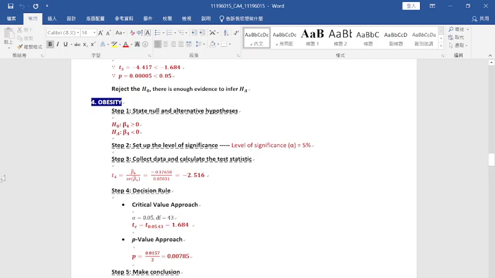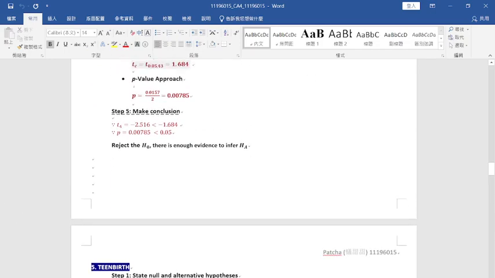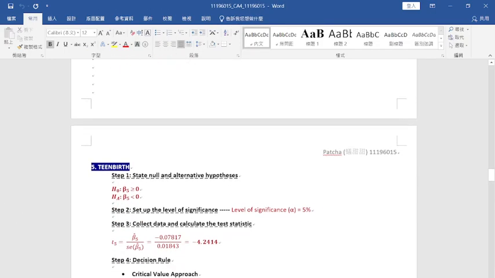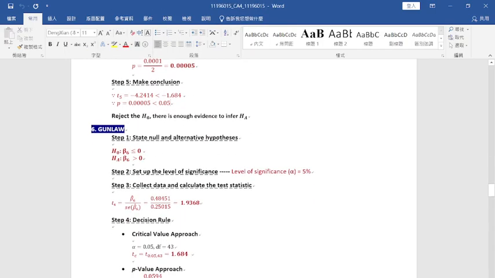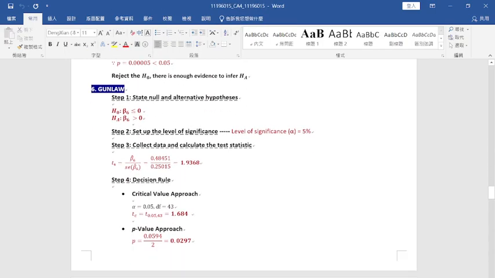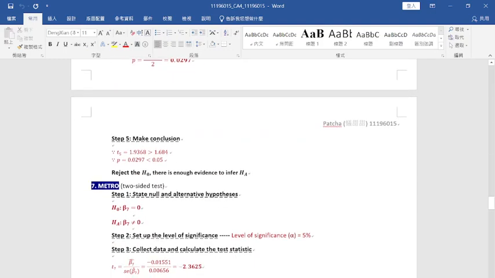For obesity, the p-value is also less than 0.05, so we reject the null hypothesis. For teen birth, also reject the null hypothesis. For the gun law, also reject.